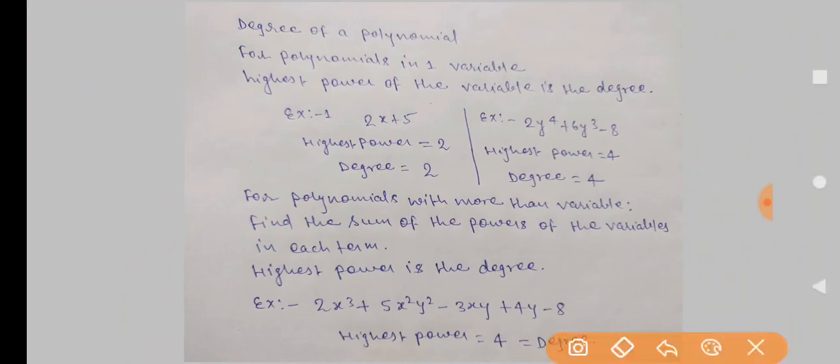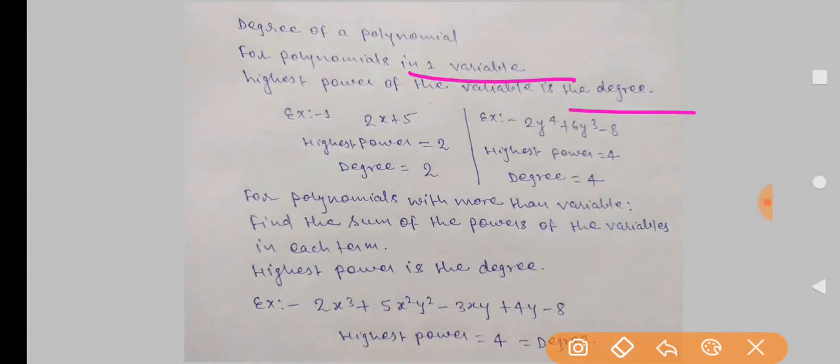Now we will understand degree of polynomial. What is the degree of a polynomial? For a polynomial in one variable, the highest power of the variable is the degree. Means in a polynomial, if there is one variable, then the highest power of that variable is called the degree of the polynomial.